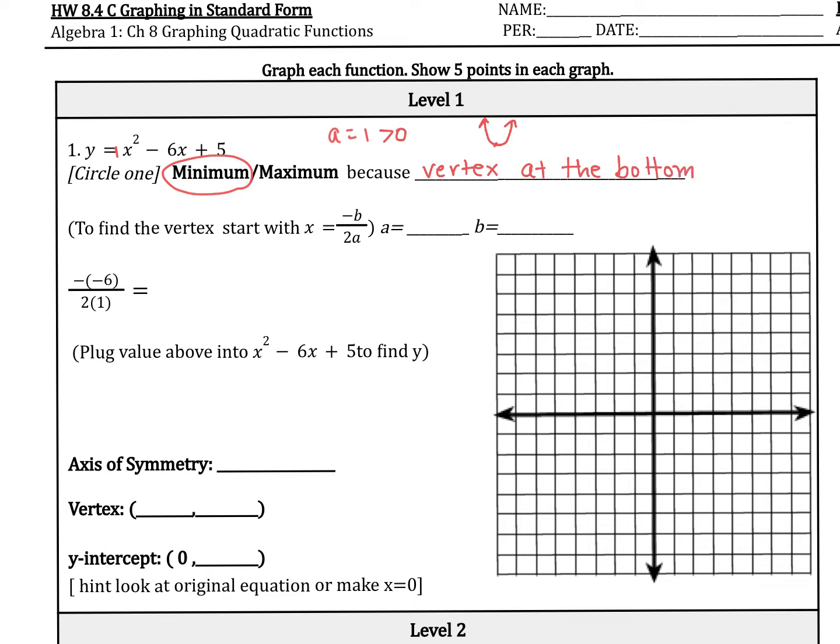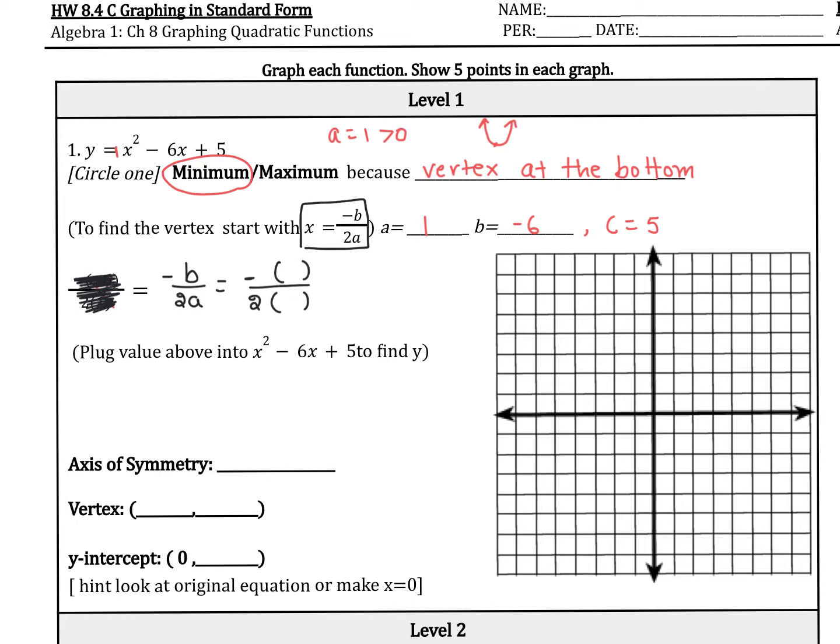To find x equals negative b over 2a, you're going to plug in. So a equals 1, b equals negative 6, and c equals 5. The formula for finding the axis of symmetry is x equals negative b over 2a. Make sure you put brackets around everything you plug in.